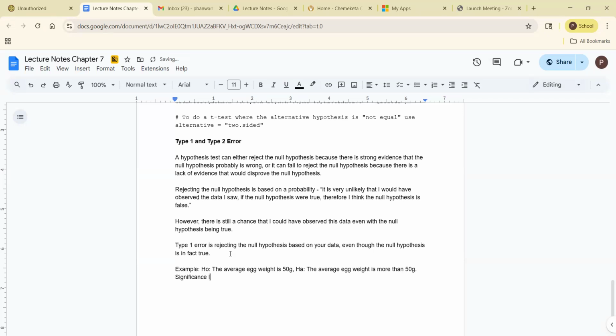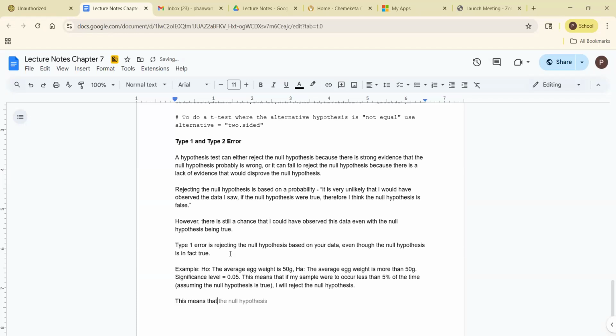We choose a significance level equals 0.05. This means that if my sample were to occur less than 5% of the time, assuming the null hypothesis is true, I will reject the null hypothesis.